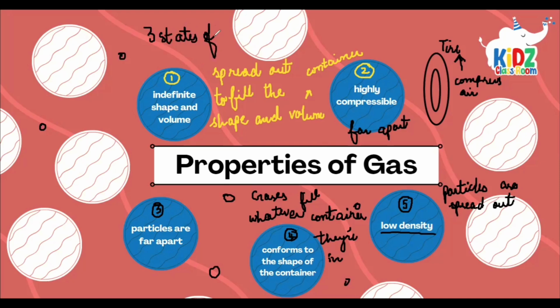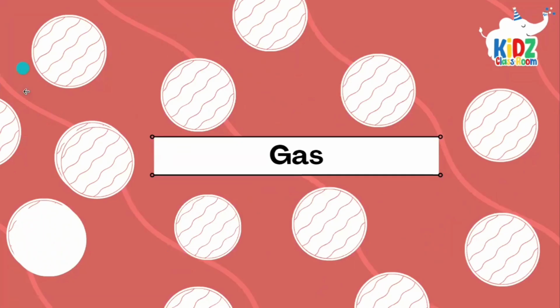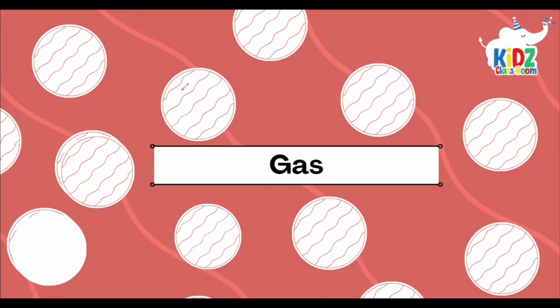Now, let's write some examples of gases. Give me an example of any gas. Oxygen. You take in oxygen and what you release is carbon dioxide. And what else? You have helium.